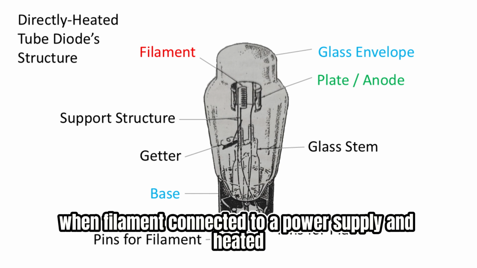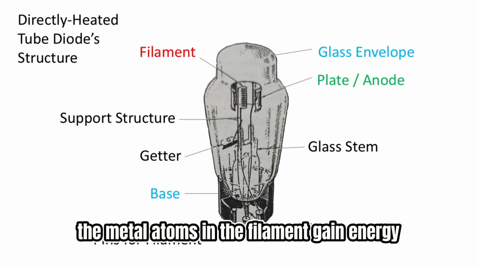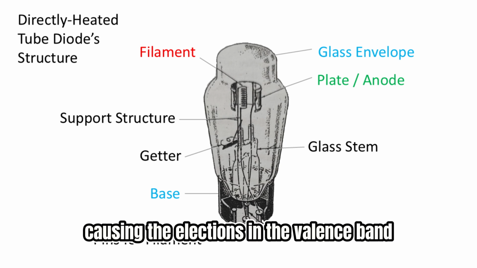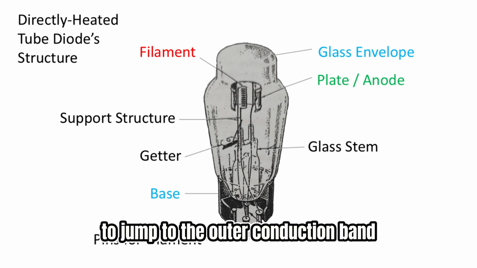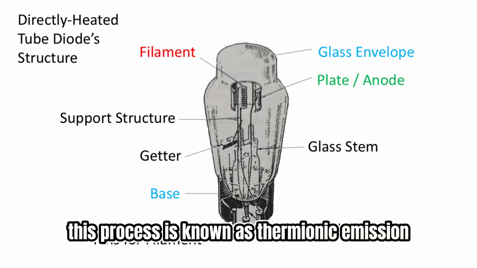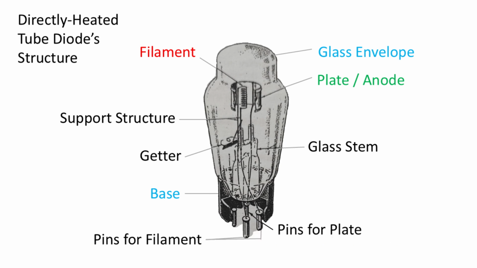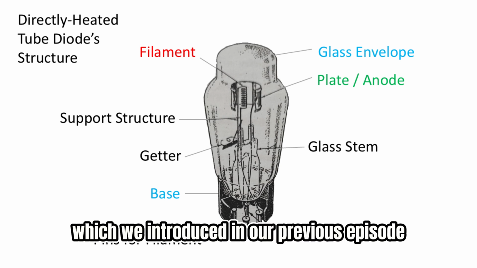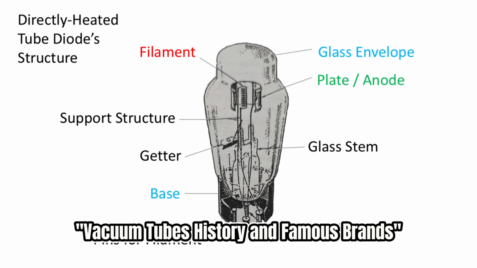When filament is connected to a power supply and heated, the metal atoms in the filament gain energy, causing the electrons in the valence band to jump to the outer conduction band, becoming free electrons. So filament can emit electrons. This process is known as thermionic emission, which we introduced in our previous episode, Vacuum Tubes History and Famous Brands.